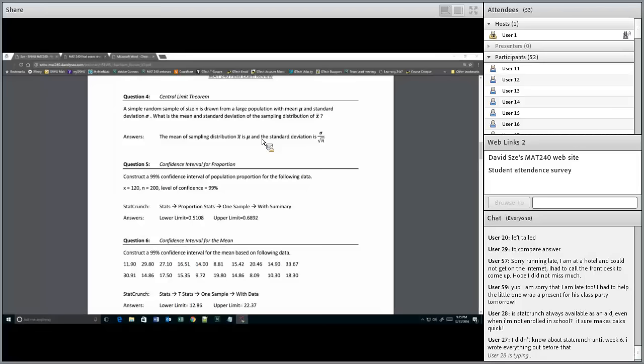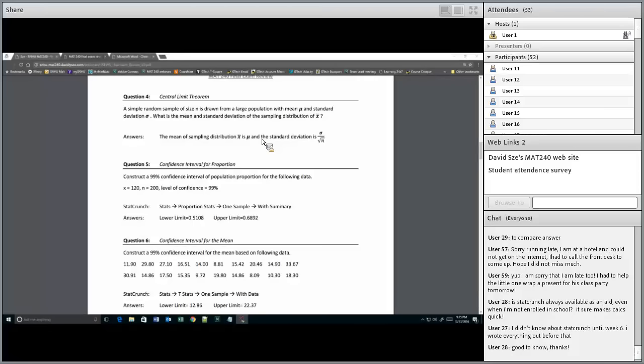But anyway, if you take any higher level stat courses, you might go into other software packages like Minitab or R. Those are probably a little more industry level.